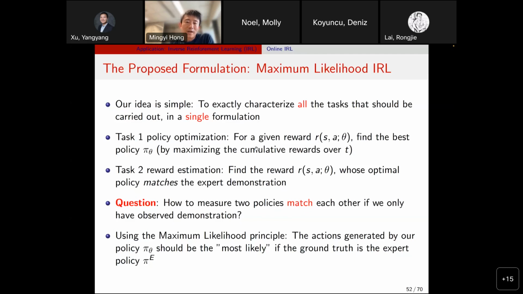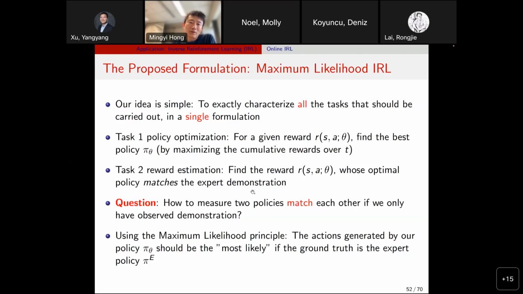Now, once we have this policy, we need to find out what's the best reward. How do we define the quality of a reward? Remember, we have the expert demonstration. So we want to make sure that the optimal policy generated based on the current reward matches the expert demonstration.